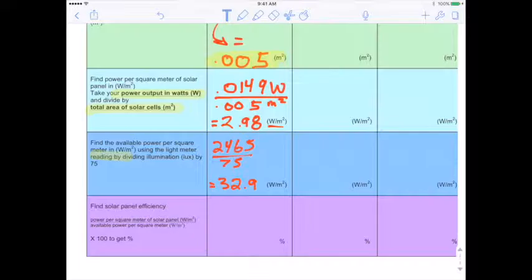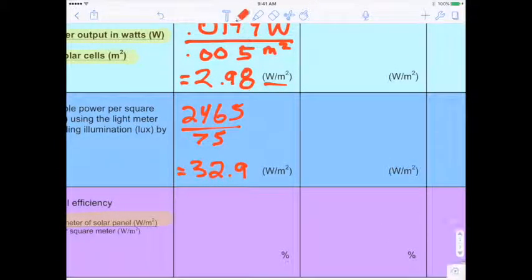All right, just one more row left. Find the solar panel efficiency. Looks like here I'm going to take my power per square meter of solar panel. I've already calculated that, so I just need to write it again: 2.98 watts per meter squared.